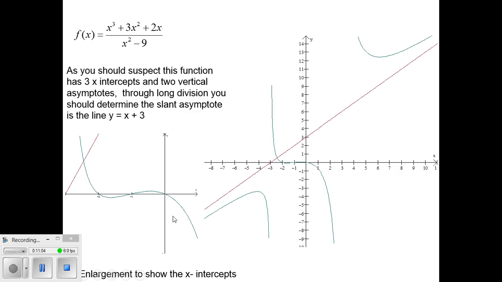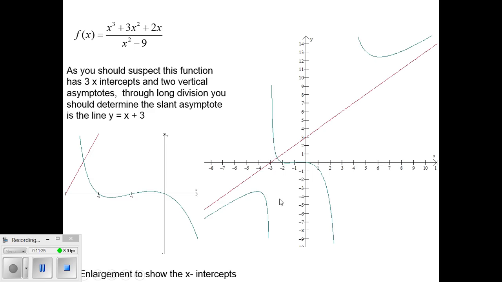And this is a little zoom in on that behavior around the intercepts, coming up through 0, going through -1, and back up through -2. And yes, we can cross the slant asymptote. Again, that is the end behavior.